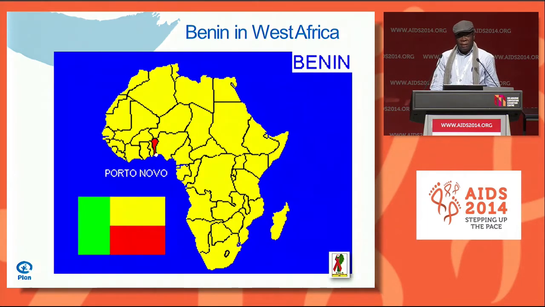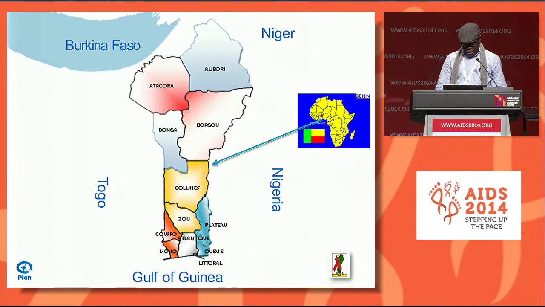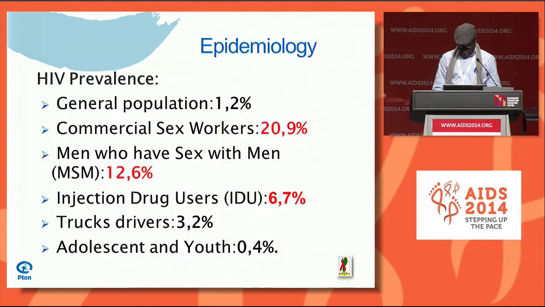Benin is located in West Africa, between 4 countries and the sea in the south of the country. We have a total population of about 10 million inhabitants, and the situation in relation with HIV/AIDS is the one you can see.